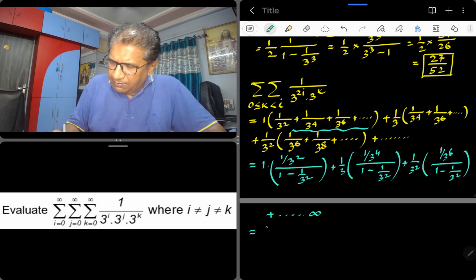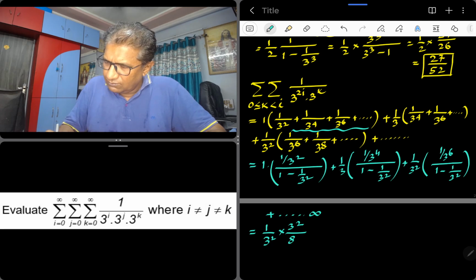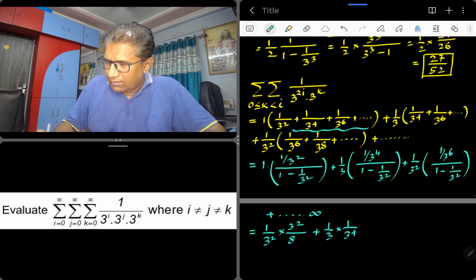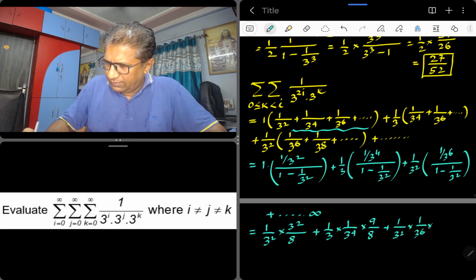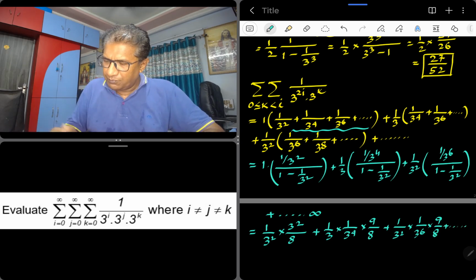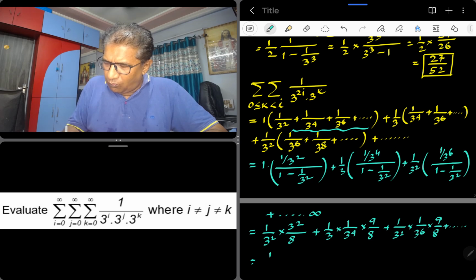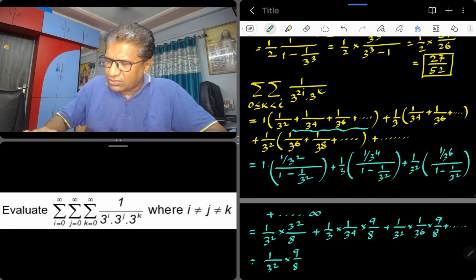So we are having actually 1 over 3 square into 3 square over 8, plus 1 over 3 into 9 over 8. Again 9 over 8, and this thing goes on. So let me take 1 by 3 square into 9 over 8 common.